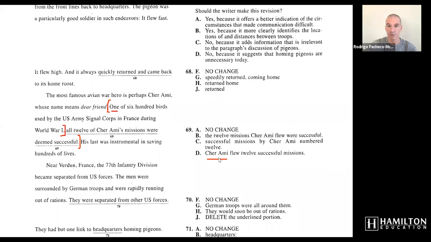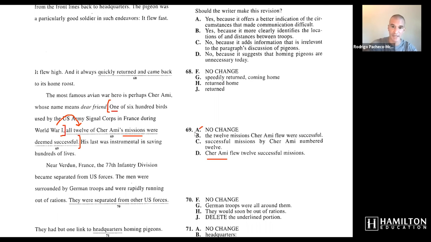We're talking about Cher Ami, right? So this phrase needs to modify the subject. Here we have the subject is Cher Ami's missions. That would be a no change. So we have a dangling modifier here. We're not referring to the subject that this phrase is intended for.